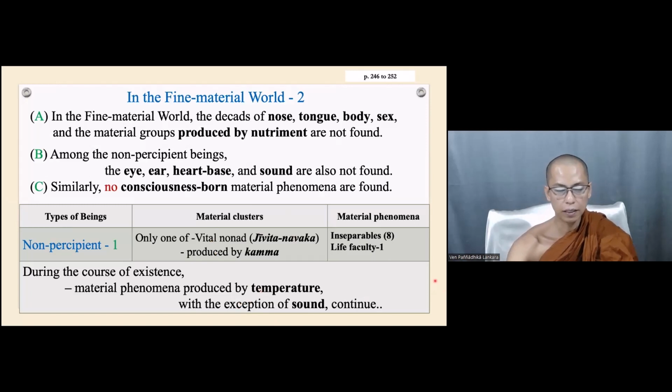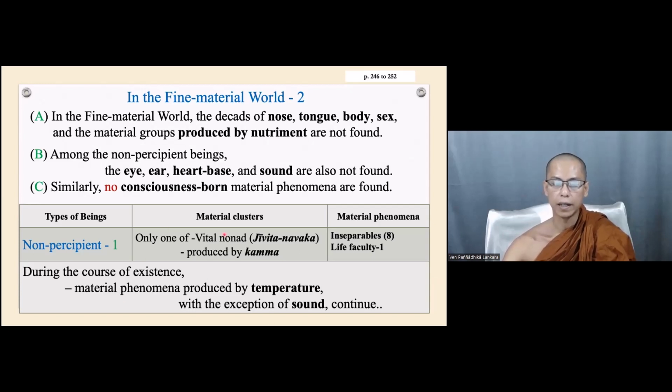So these are how materiality occurs in the planes of existence, in the sensual world and the fine material sphere world. For the immaterial sphere world, we don't need to consider, because no materiality arises in the immaterial sphere world.